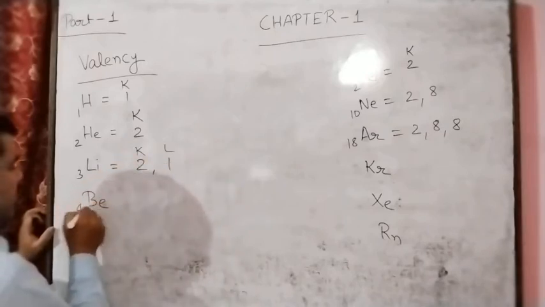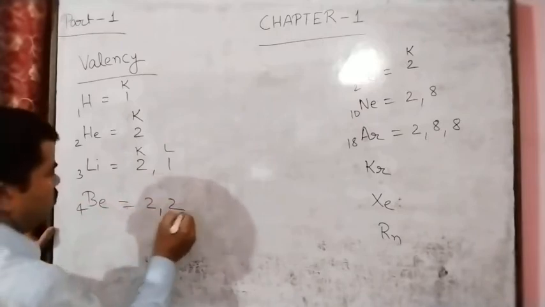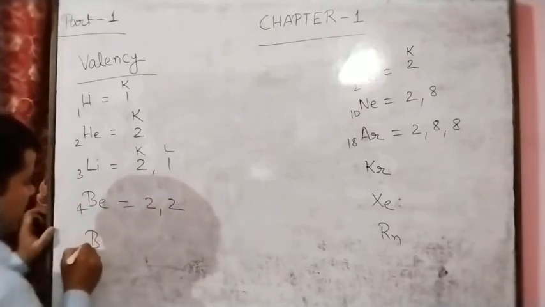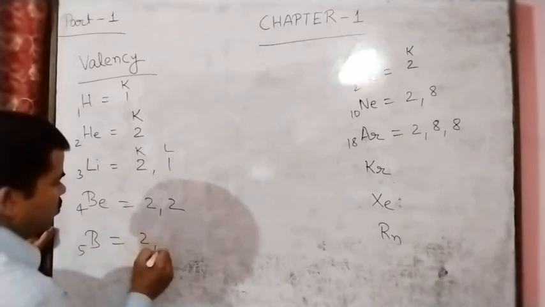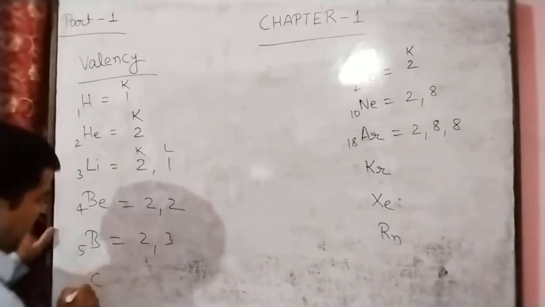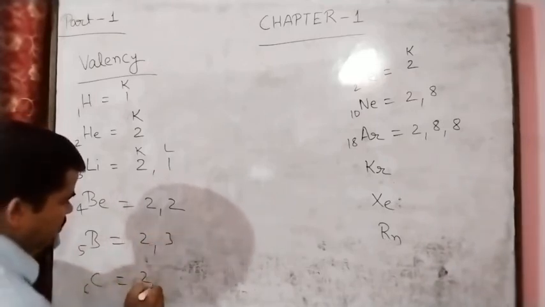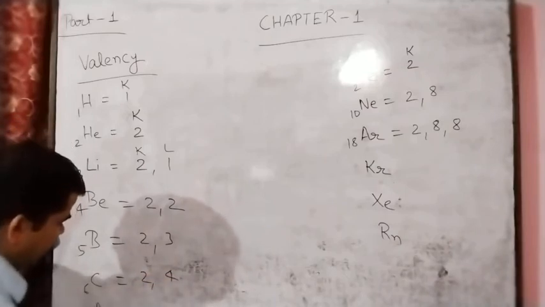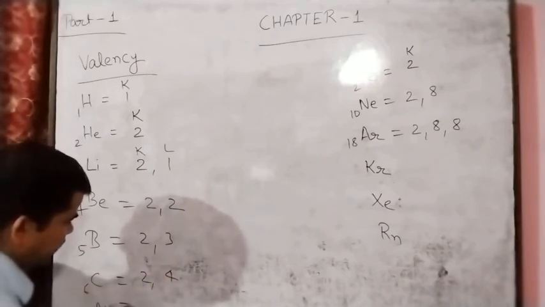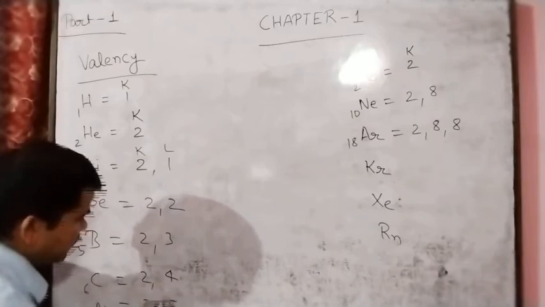Beryllium 4 is 2, 2. Boron 5 is 2, 3. Carbon 6 is 2, 4. Nitrogen 7 is 2, 5.